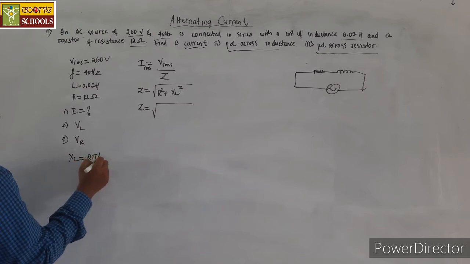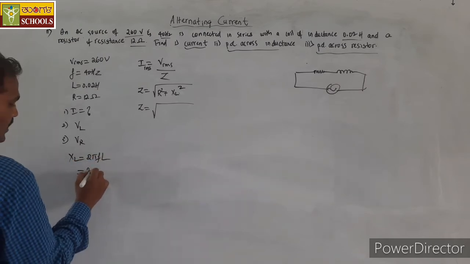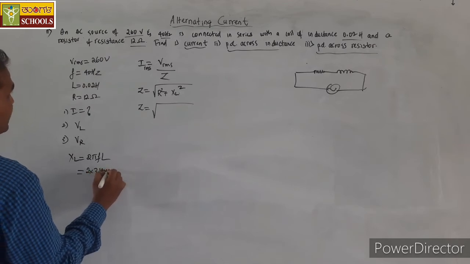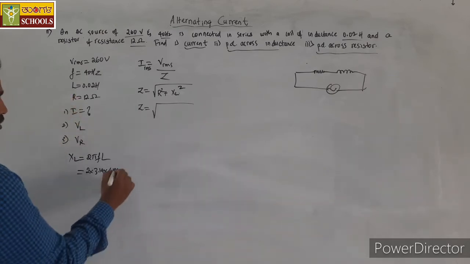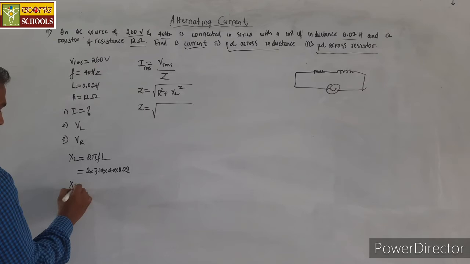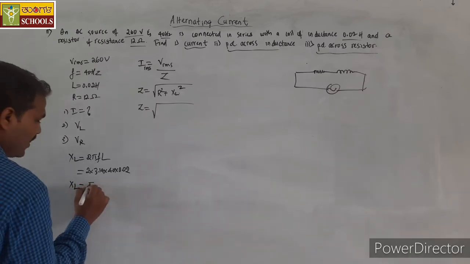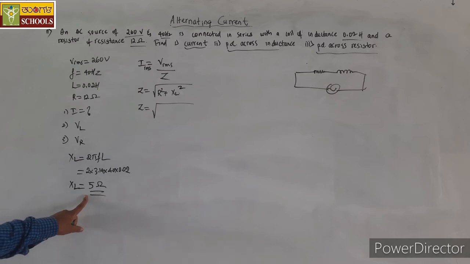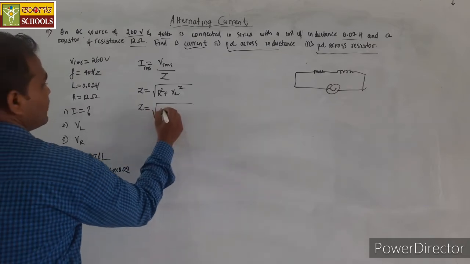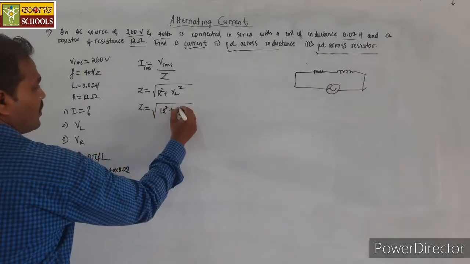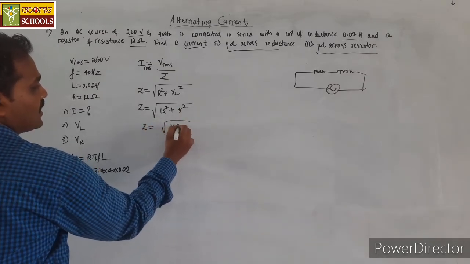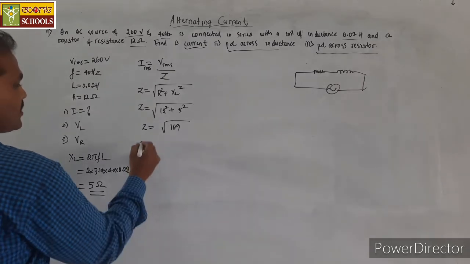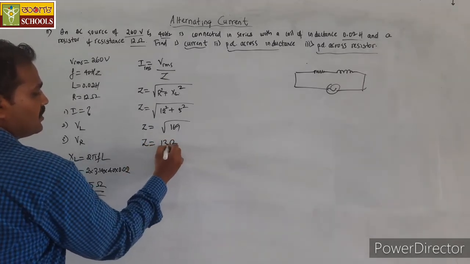XL is equal to 2 pi f into L, so that is equal to 2 into 3.14 into f, which is 40 hertz, into L, which is 0.02. So I will get it as 5 ohm. After calculating this, the inductive reactance is equal to 5 ohm, which we shall substitute here. So I will get root of 12 square plus 5 square. This is 144 plus 25, is it 169?